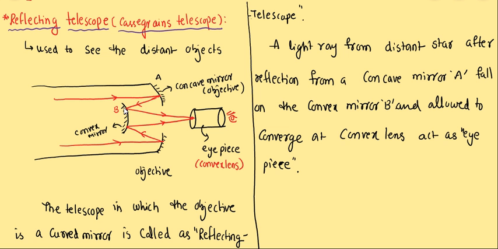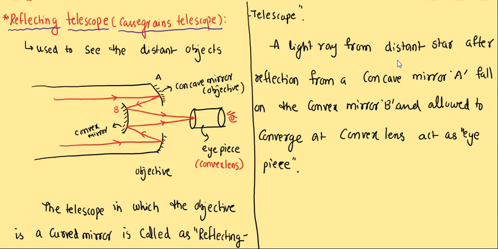After the reflection, they are incident on the convex mirror, which reflects them to meet at the convex lens that acts as the eyepiece. Then the image forms here, and that is observed by us. The image of the distant object forms here because the light rays are converging and meeting at this point. Where the reflected or refracted light rays meet each other, there the image will be formed.